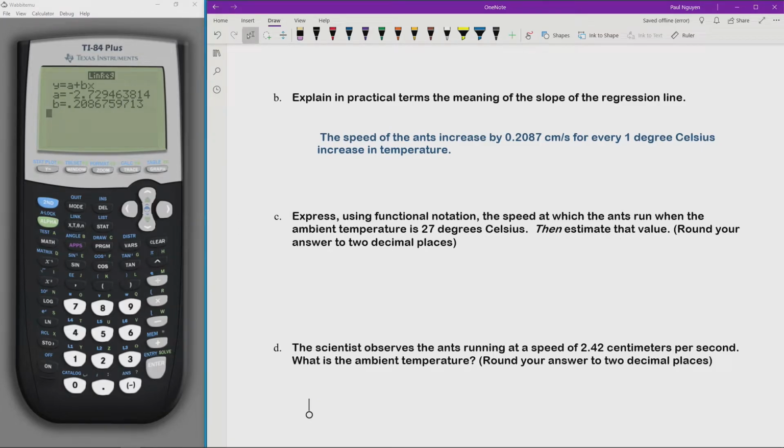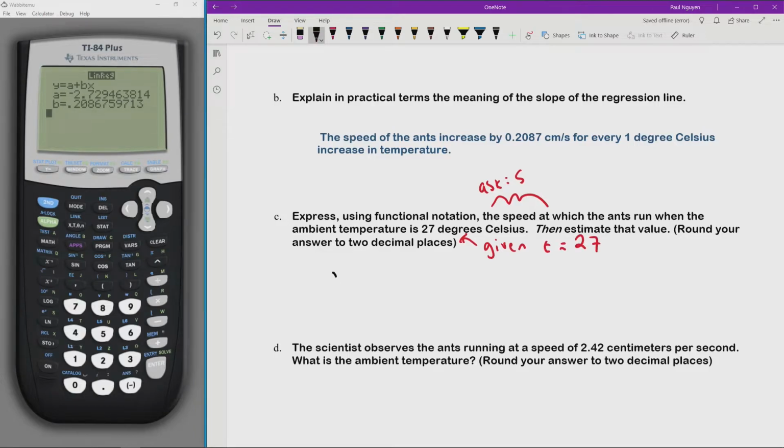Let's express, using functional notation, the speed at which the ants run when the ambient temperature is 27 degrees Celsius. Then we're going to estimate that value. So what's being asked for is the speed. That's S. So they're asking for S, and they're giving us that T, the temperature, is 27 degrees.